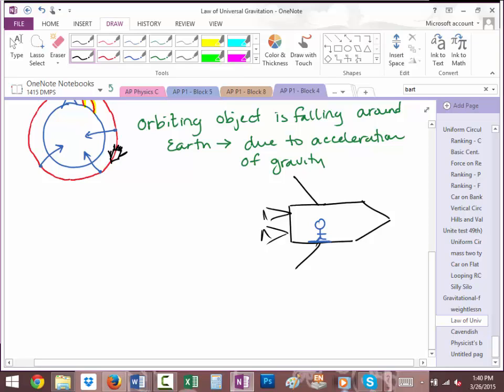They appear to have no weight because there is nothing that they can stand on that will push back up on them. Okay? I'm just going to write this down again because it's really important. So the weightlessness idea does not mean that there's no gravity. It just means that they're all falling at the same time, at the same rate.